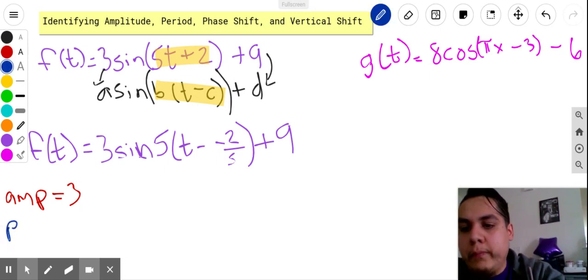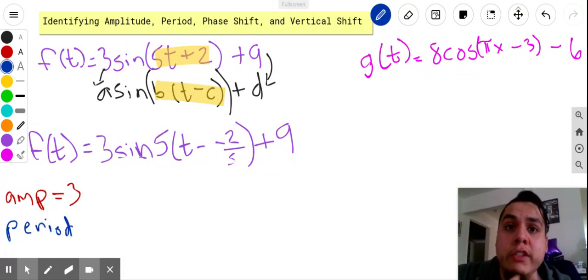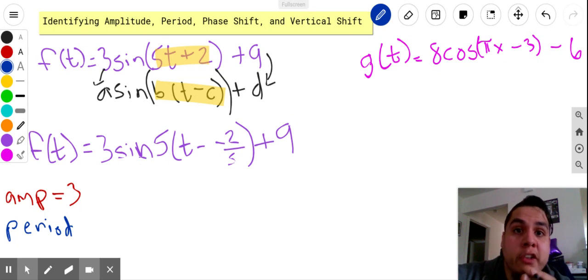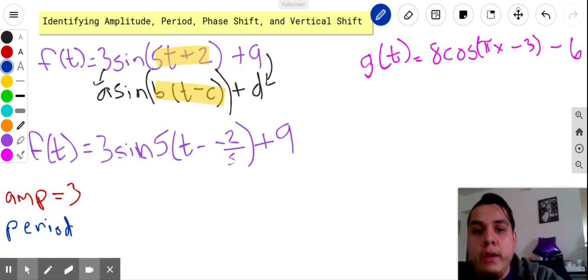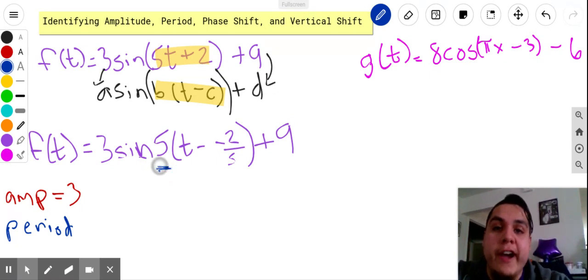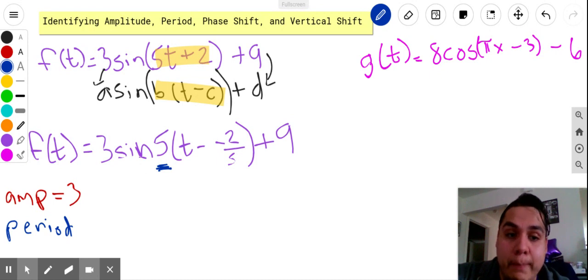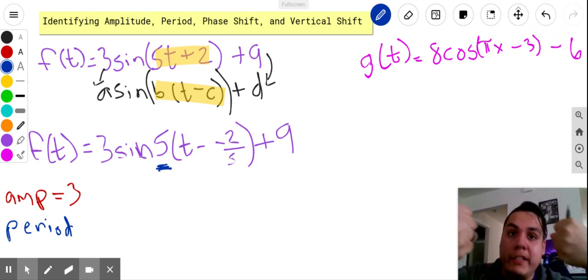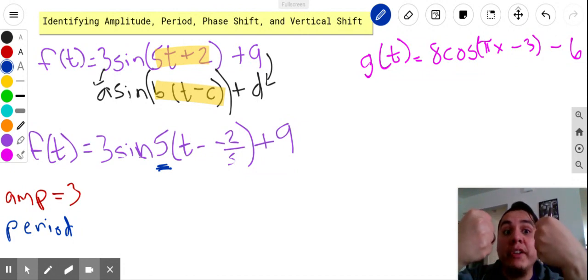So the period is just asking me, well, how long will it take for this graph to complete one cycle? Now, typically, a period for a sine graph should be 2 pi, right? However, we have this 5 here that's messing things up. The 5 is horizontally compressing the graph by a factor of 5.